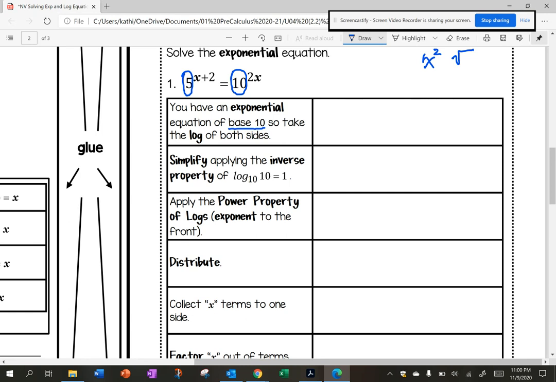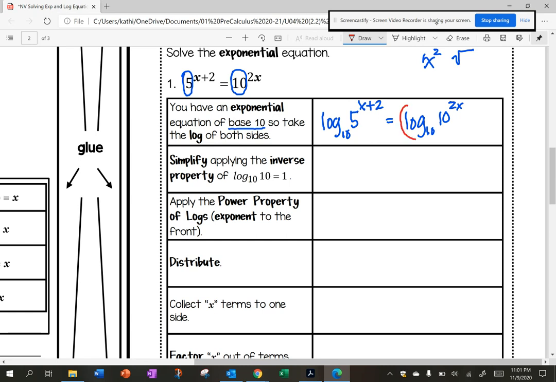So I'm going to say log base 10 of 5 raised to the x plus 2 equals log base 10 of 10 raised to the 2x. The reason I'm doing this is I want to eliminate some information.